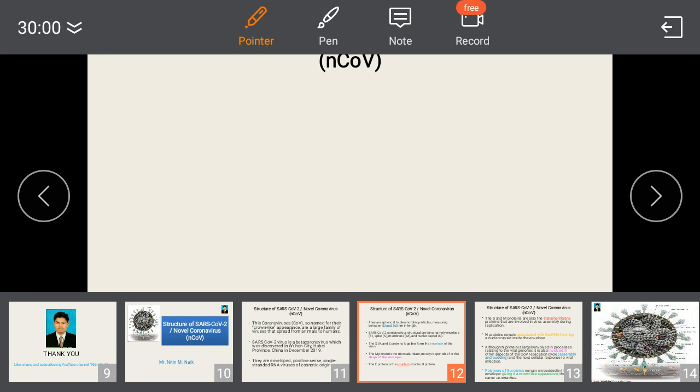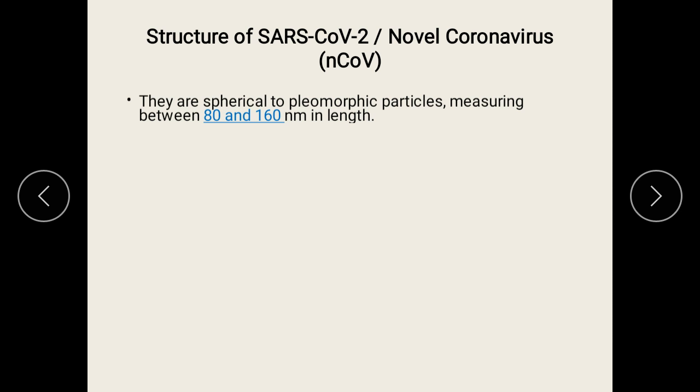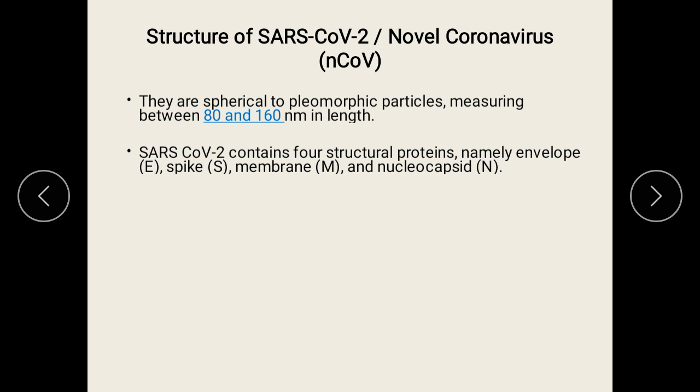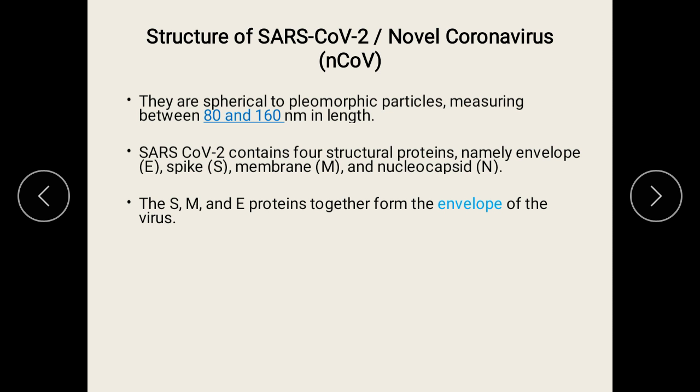Let's start with the size. They are spherical to pleomorphic particles measuring between 80 to 160 nanometers in length. The SARS coronavirus 2 contains four structural proteins, namely the envelope proteins, spike proteins, membrane proteins, and nucleocapsids. So these are the four main structural proteins found in the coronaviruses.